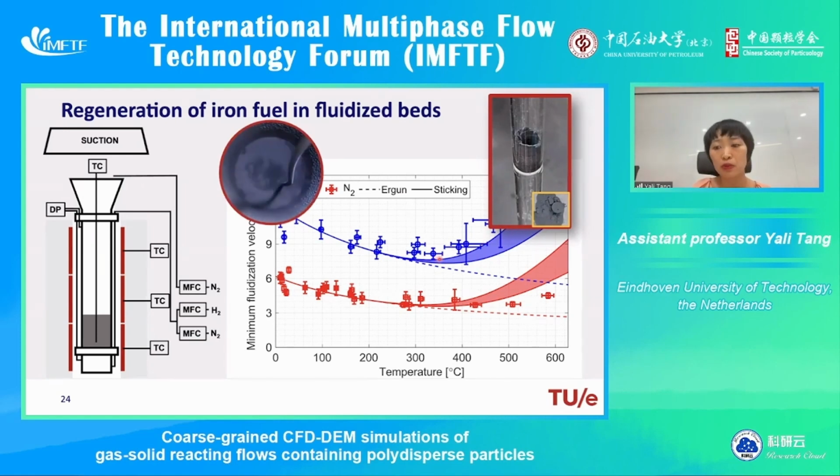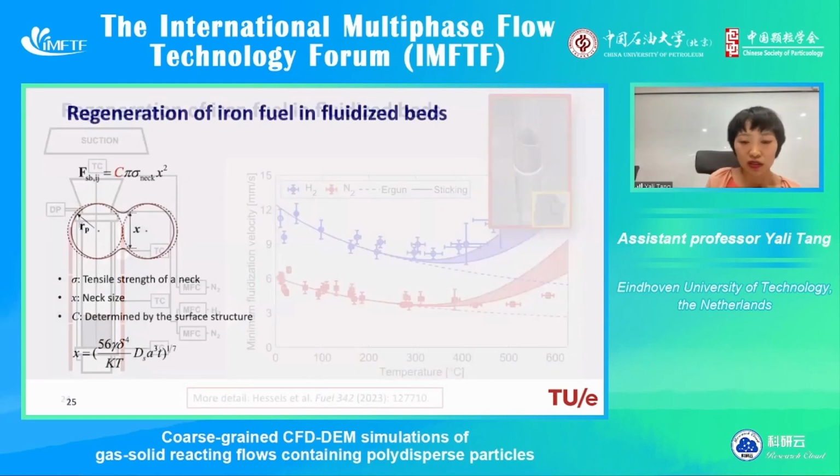So that's why we would like to use numerical modeling to better understand the sintering behavior of the particles inside the fluidized bed. For more details of this experimental research, you can find them in these publications.